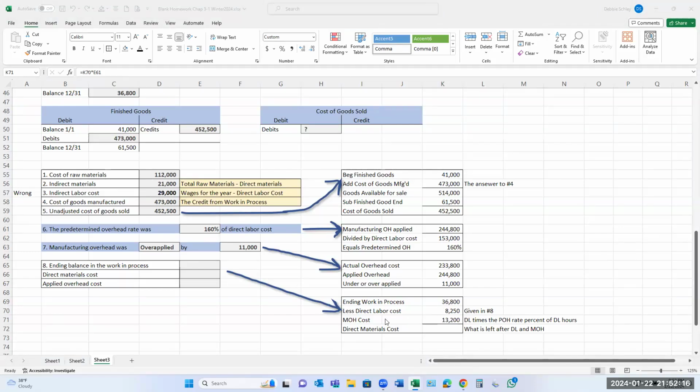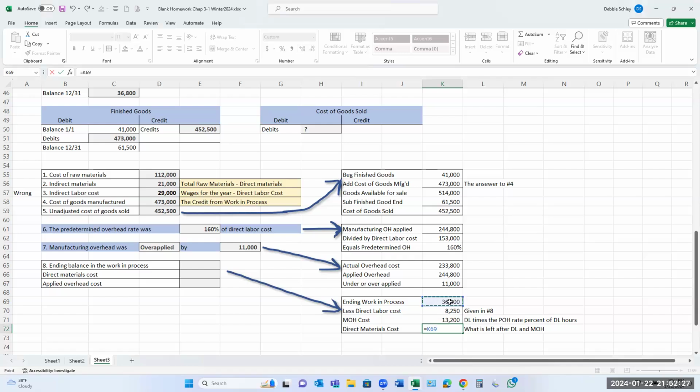Okay. So direct materials equals the ending work in process minus direct labor minus manufacturing overhead costs equals the direct material cost. Okay, so let's figure out where these belong over here. So in required 8, the first is the ending work in process that we figured out.